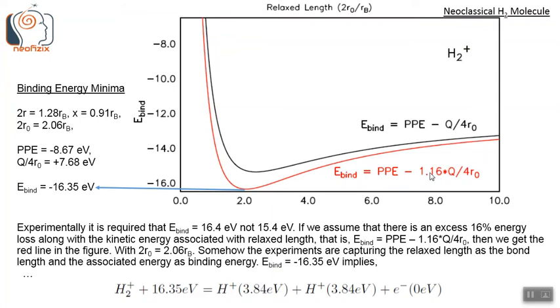In this red line, this is multiplied by a factor 1.16. This is 16% extra kinetic energy. So this is the new binding energy. This red line is according to the new binding energy, PPE minus 1.16 q by 4 r naught. And the binding energy minimum associated with this occurs at 2 r naught equals 2.06 r_B.